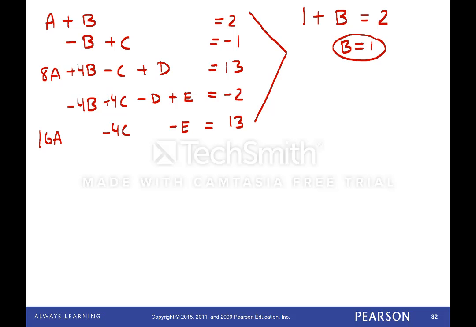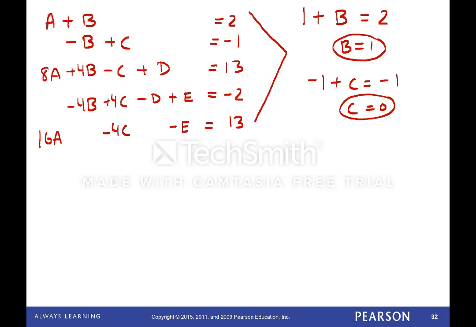We know that. Now because we know b is equal to 1, let's use equation number 2. Equation number 2 says negative b plus c equals negative 1. So negative 1 plus c is equal to negative 1. Adding those up, now I know that c is equal to 0. So a equals 1 from the previous slide, b is equal to 1, and c is equal to 0.